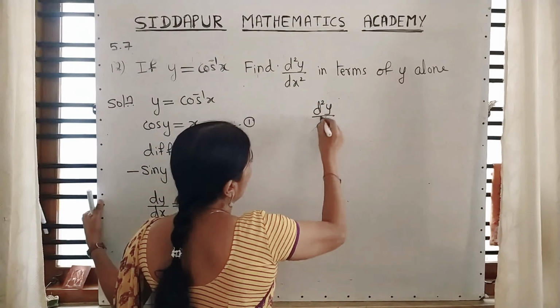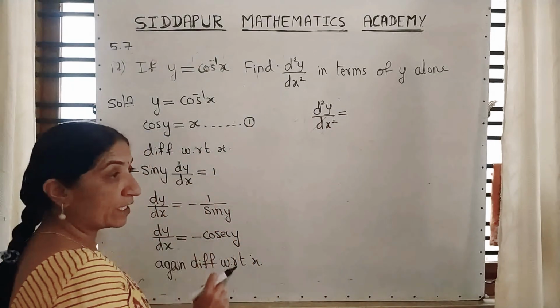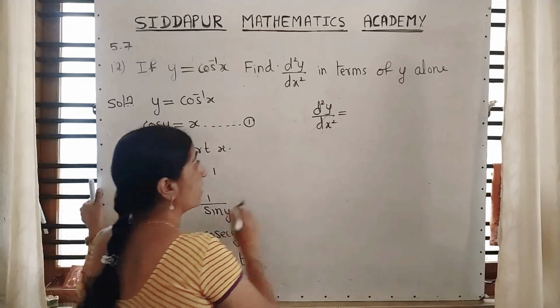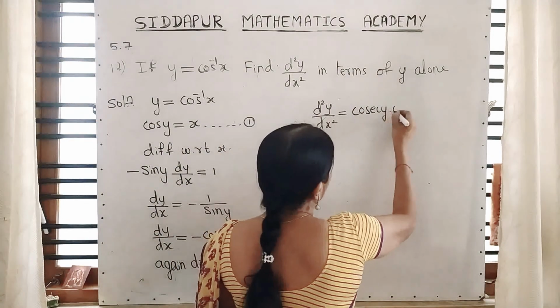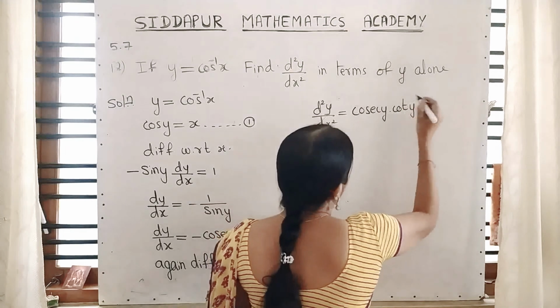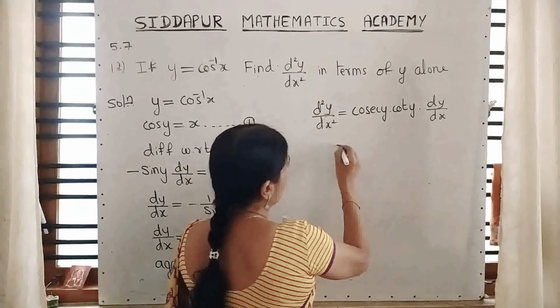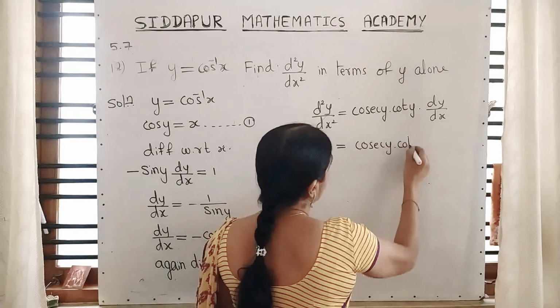d square y upon dx square. What is the differentiation of cosecant? Cosecant is minus cosecant into cot. Already minus is there, it becomes plus. Cosecant y into cot y into dy upon dx. This you are familiar. So cosecant y into cot y as it is.